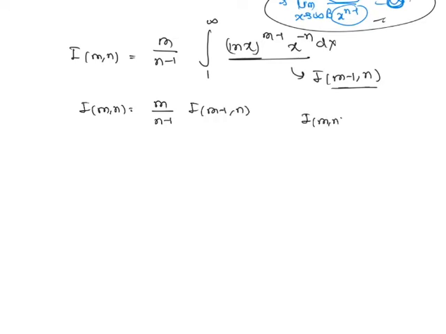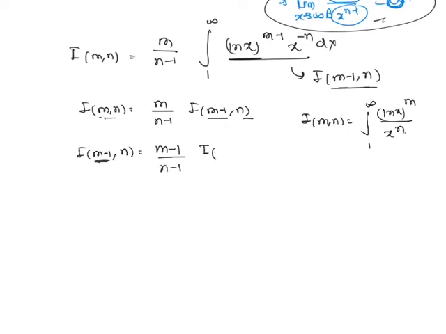where I(m, n) is nothing but integration 1 to infinity (ln x)^m divided by x^n, correct. And this integration I(m, n) is coming as m upon (n-1) times I(m-1, n). So if I put I(m-1, n), instead of m you will write m-1, n-1 stays as it is, so this will come out (m-1) upon (n-1) I(m-2, n).